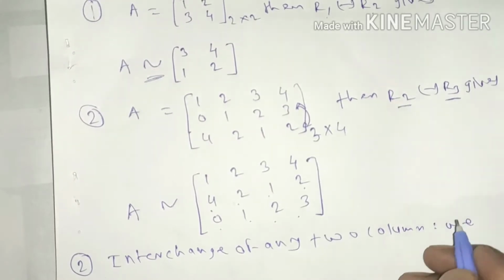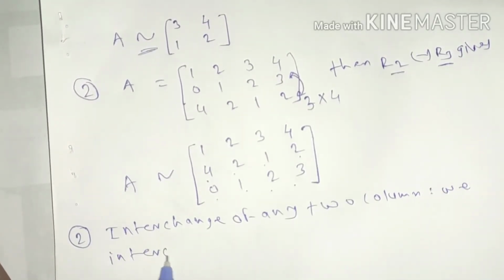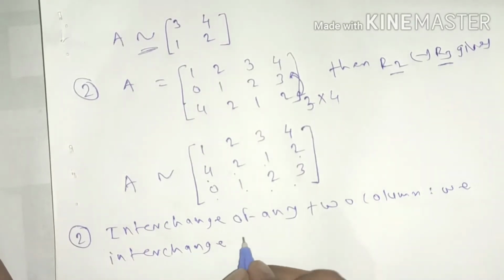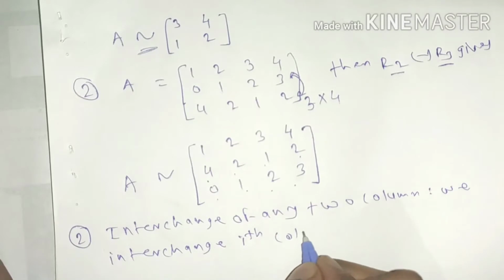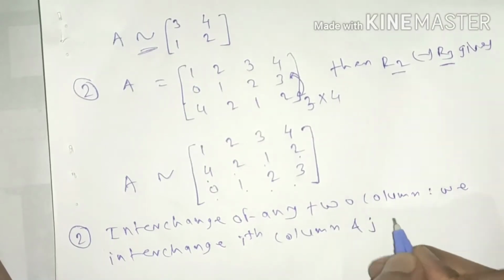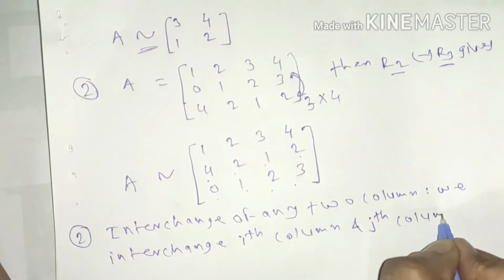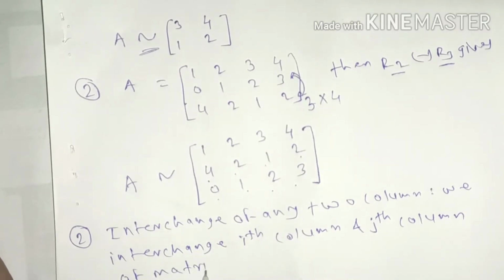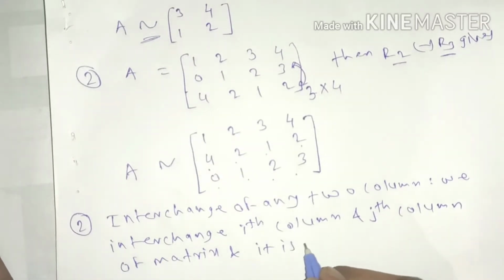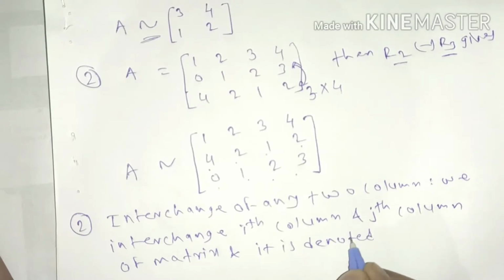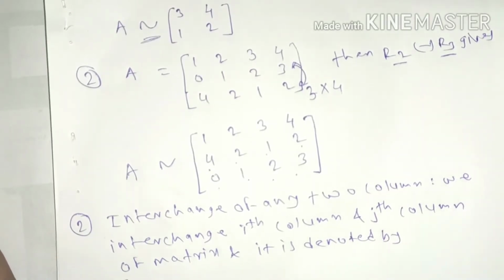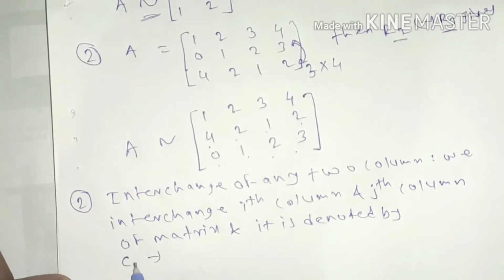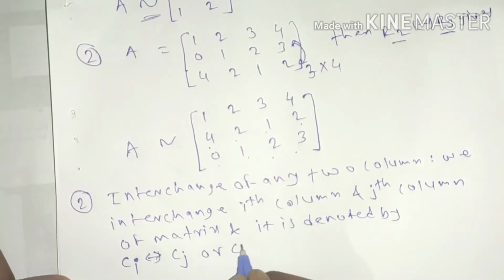So we interchange ith column and jth column of a matrix, and it is denoted by Ci changes to Cj or Cij.